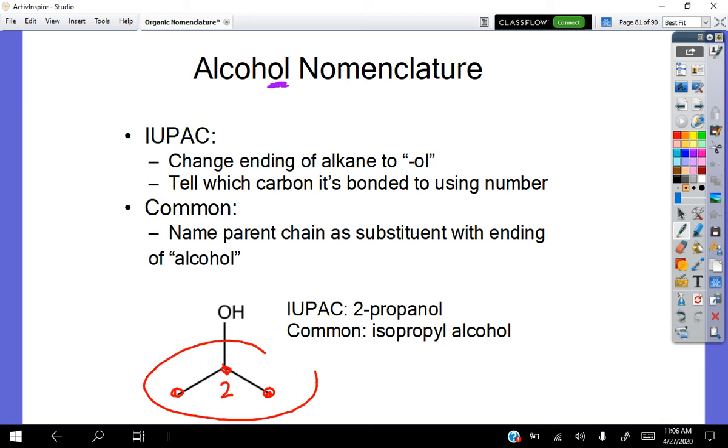So this is actually the isopropyl group. So they commonly refer to it as isopropyl alcohol, which is something many of you have probably encountered before. They usually use it as a disinfectant. For the purposes of what we're doing, I would continue to name using the IUPAC system.